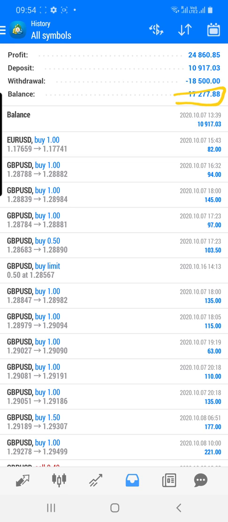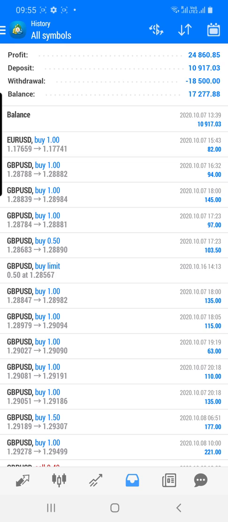With this balance of 17,277, this is how I still trade: I will never exceed a maximum of 5 lot size, because I don't want to put the account at risk of being liquidated. So this is how you trade and enjoy your money, and you will feel at ease. This same method I'm using here has to do with forex.